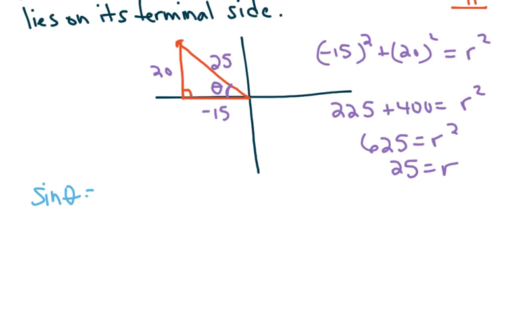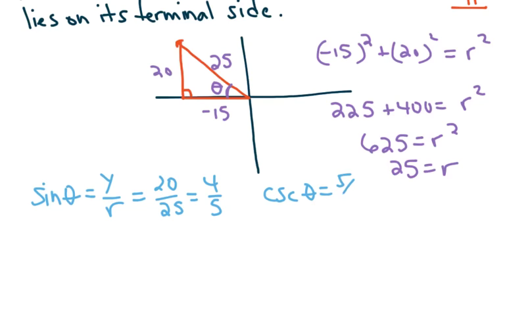So the sine of theta is y over r, because that's opposite over hypotenuse. You get 20 over 25, which reduces to 4 over 5, which means the cosecant must be 5 over 4. The definition of cosine is x over r because that's adjacent over hypotenuse.